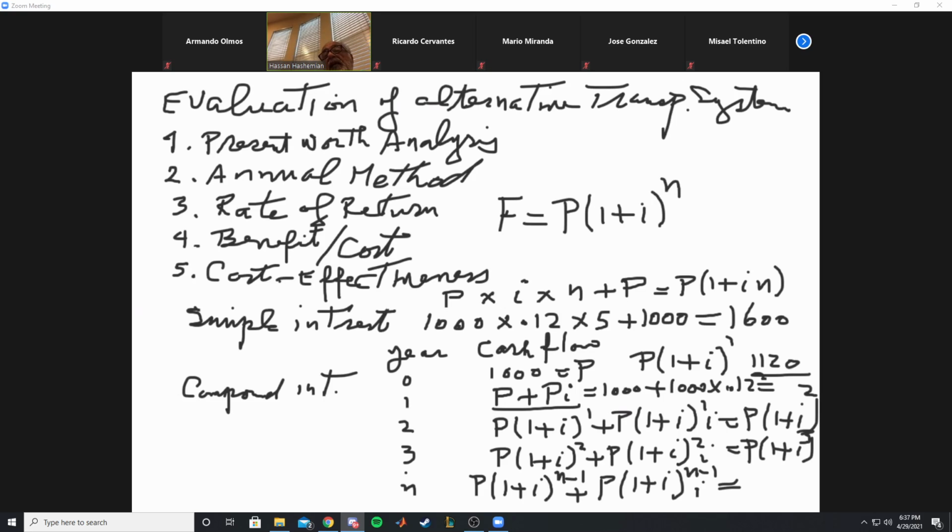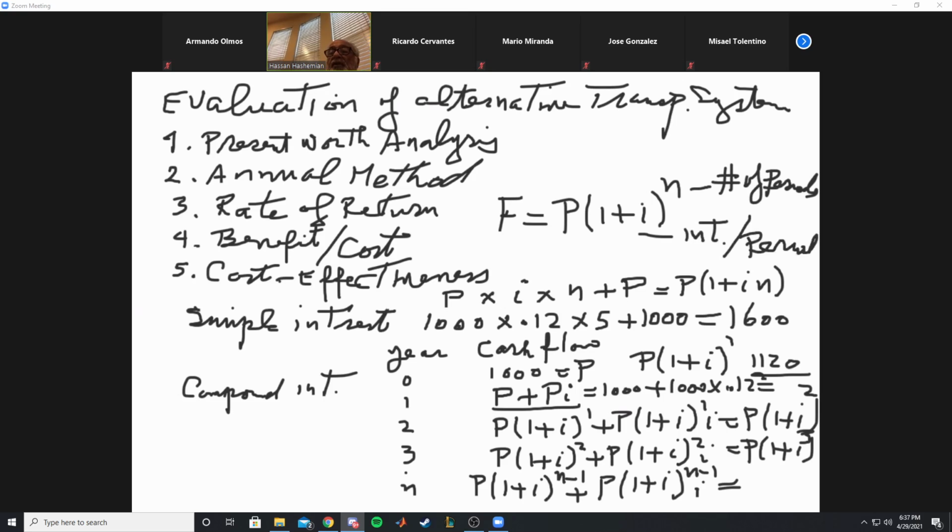So that means anytime you want to find out how much money you will have in the account, which is your future, you have to put the present amount and multiply it by 1 plus I, which is your interest, and then n is the number of periods. And I is the interest per period.